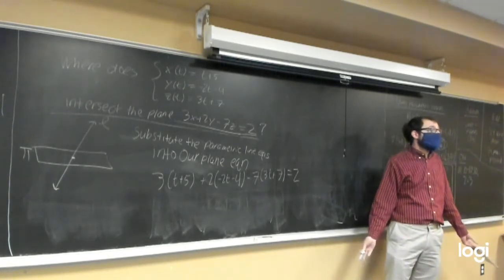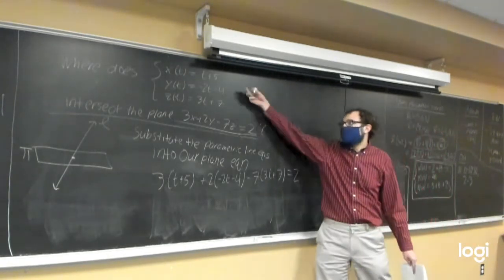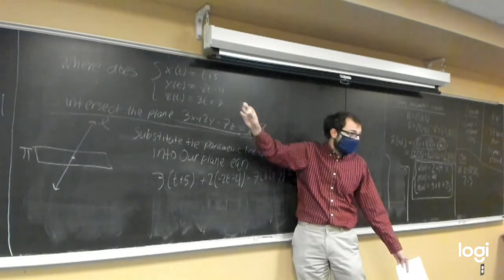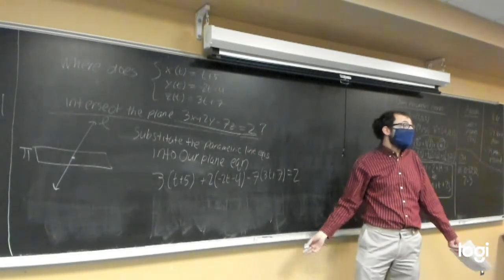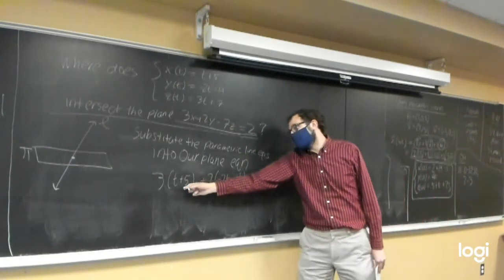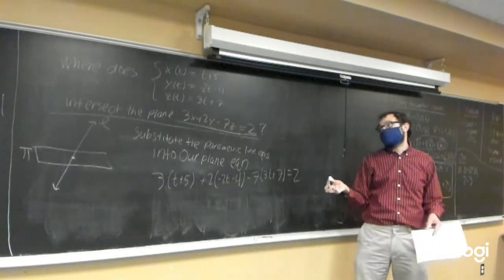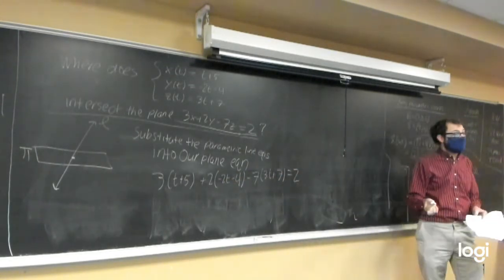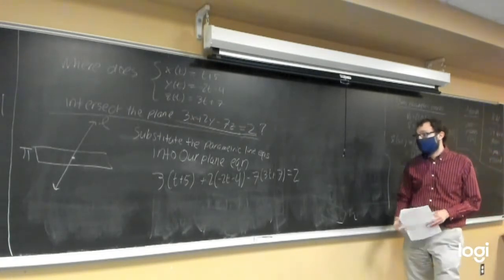Because if we have a point on our line, it should have x, y, and z equal to this stuff. And if it's also on our plane, it should satisfy this equation as well. 3 times the x plus 2 times the y-coordinate minus 7 times the z-coordinate should come out to 2.